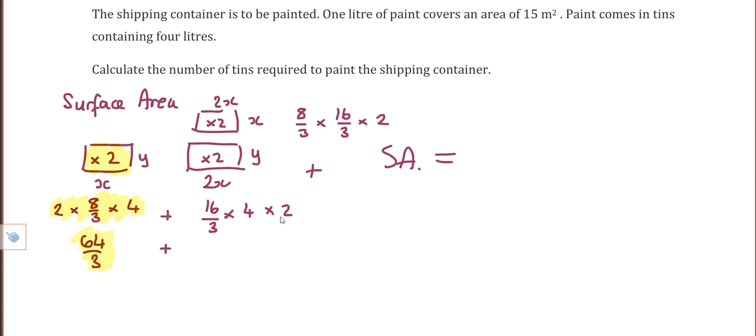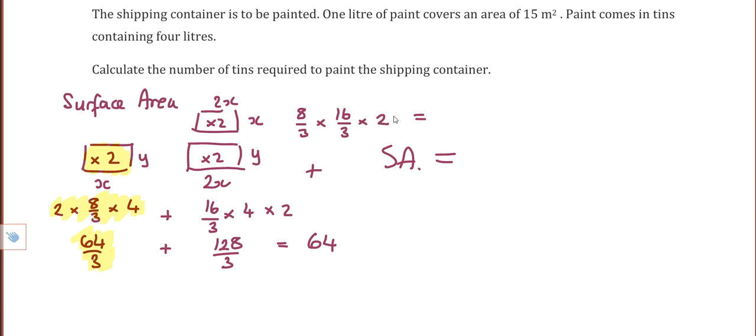So the other side adds up to 128 over 3. And that equals 64 overall. So this added together, both of those added together, is just 64. Okay. And then this final bit that I need to have as well, the top one.